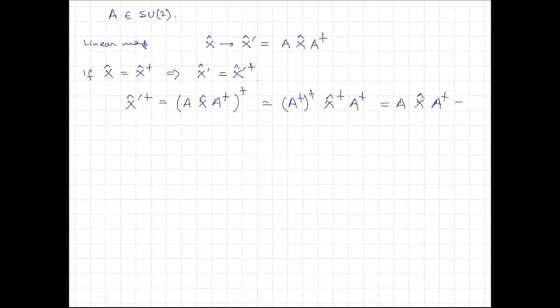So this is equal to X cap primed. So one leads to the other. If X cap is equal to X cap dagger, it'll also mean X cap primed is equal to X cap primed dagger. Very good. This is of course straightforward.